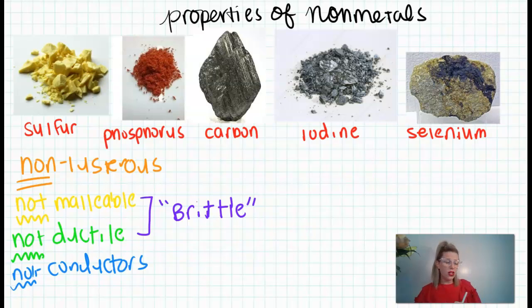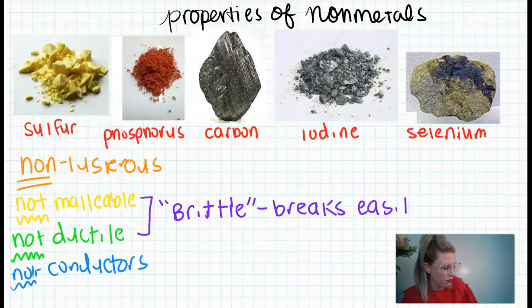So brittle being like peanut brittle, if you've ever had that, it breaks very easily. I usually use a really awful example in class of saying that old people have very brittle bones. As you get older, your bones break very easily. So that term brittle means that it breaks easily. So these are going to break very easily. They are not super moldable like the metals.